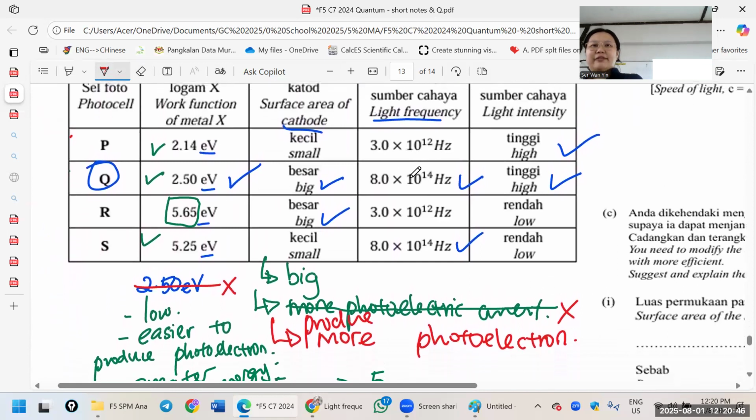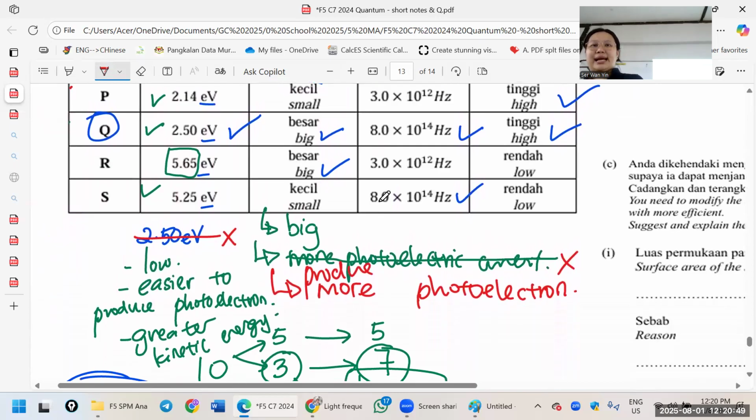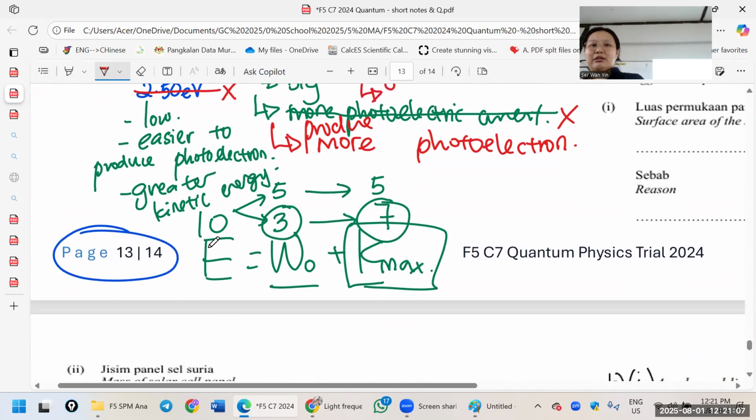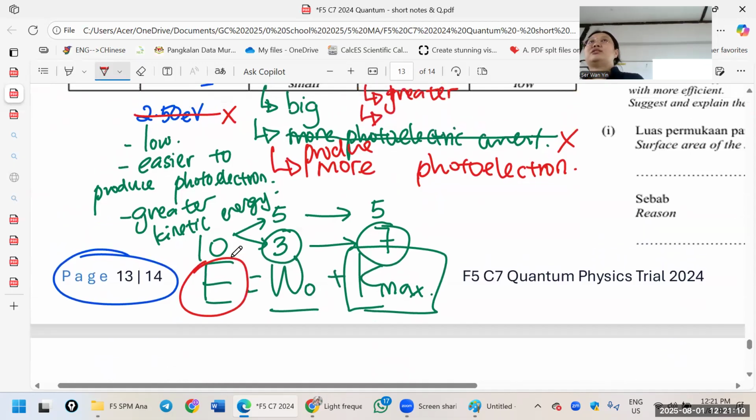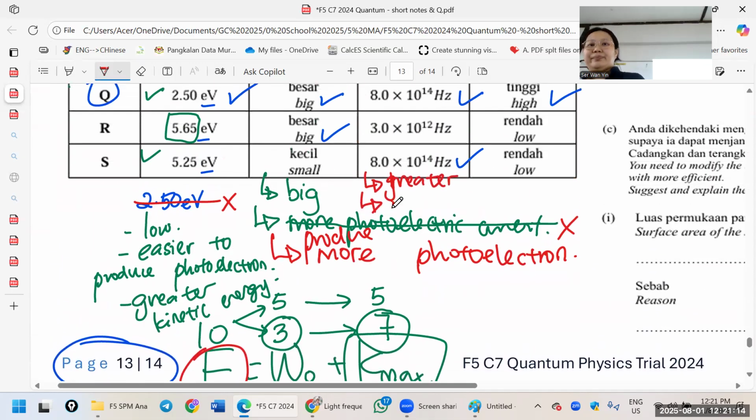Light frequency should be high. Why should be high? Remember, I should write greater or higher. Write the adjective. I believe I won't see number already in trial. Why greater frequency? According to this, greater frequency means you will get greater what? You can get greater kinetic energy of electron or photoelectron.